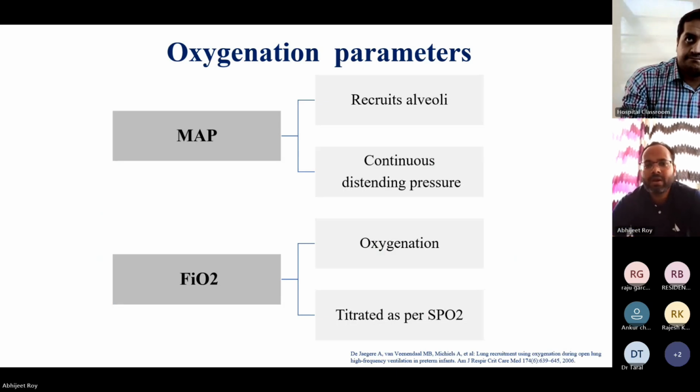So how does MAP help? It helps in recruiting the alveoli, helps in providing a continuous distending pressure, and hence prevents atelectrauma. Also, one of the side effects of increased MAP is that if you increase the MAP too much, it can lead to hemodynamic compromise because the large vessels will get compressed, and that will increase the pulmonary vascular resistance.